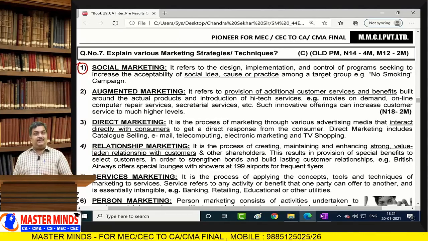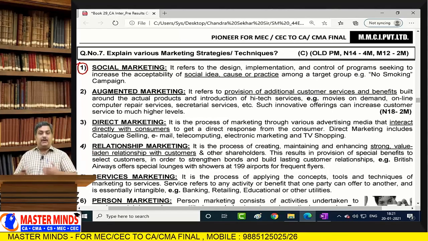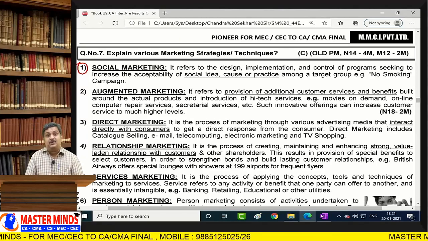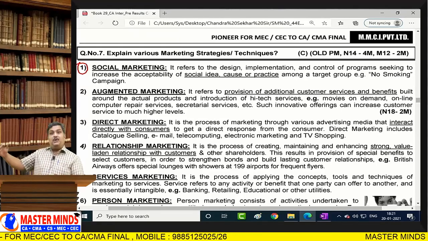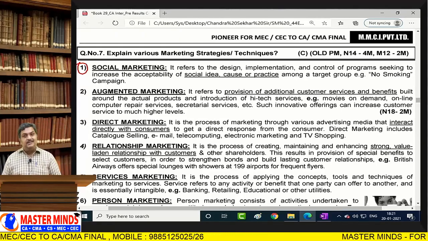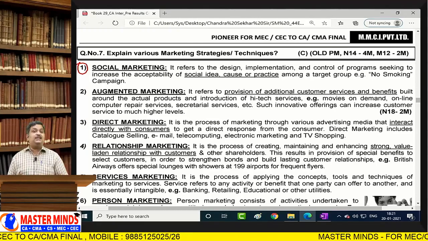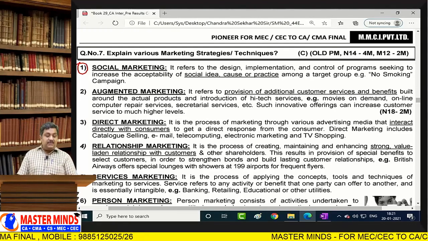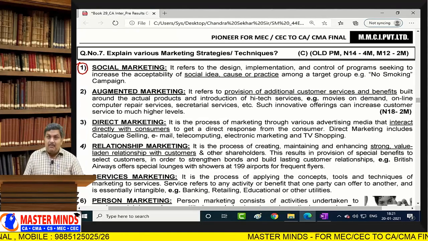And sometimes municipalities also use some vehicles to educate the people about waste disposal. So all these things come under social marketing.